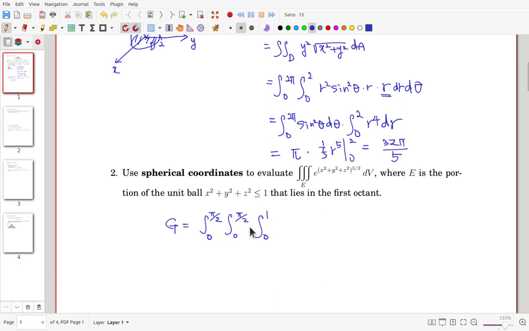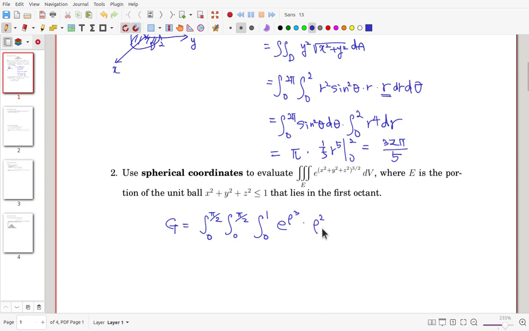And then here the integrand, okay, we have an exponential function, e to the rho cubed. And then the scaling factor is rho squared.